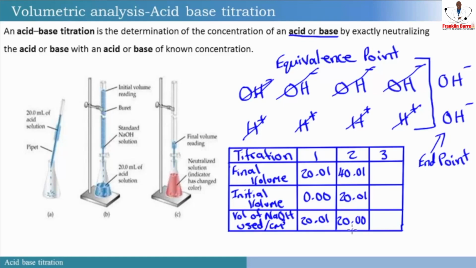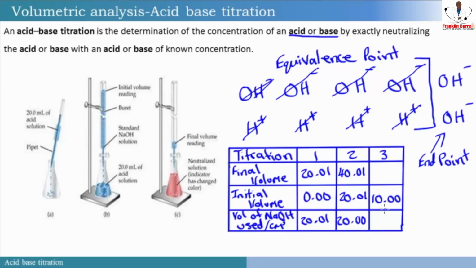My second titration is now 20.00. Now I have about 10 cm cube of sodium hydroxide left in the burette. So I would now need to top up, but there's no need to top up to 0. So let's go to 10. So we'll top up to about a volume of 10 cm cube. So our initial reading will be 10.